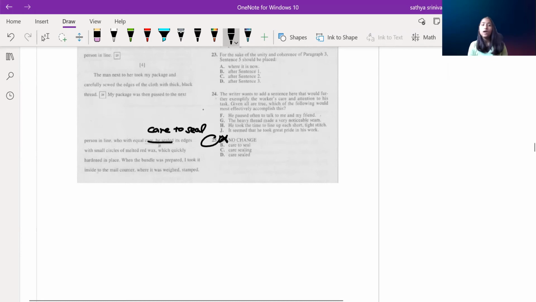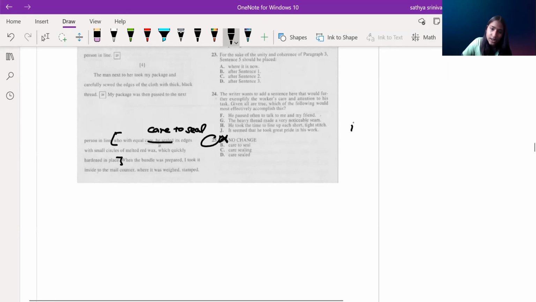So this right here wouldn't even make sense because it's not a complete sentence. If we just have "care to seal," it wouldn't even be proper format, right?